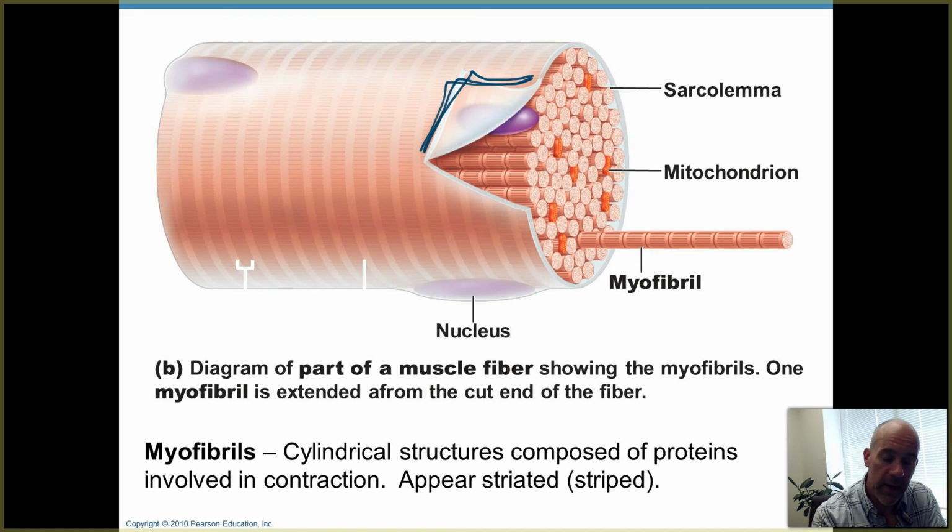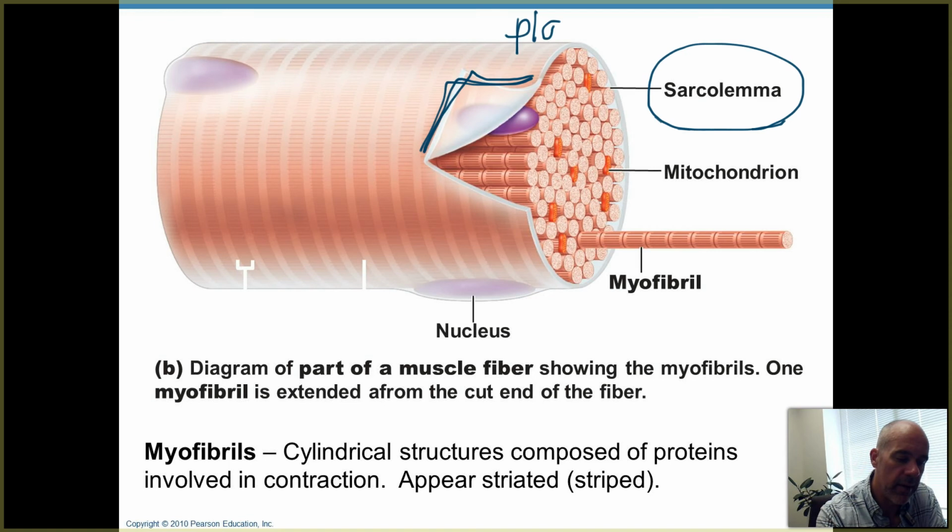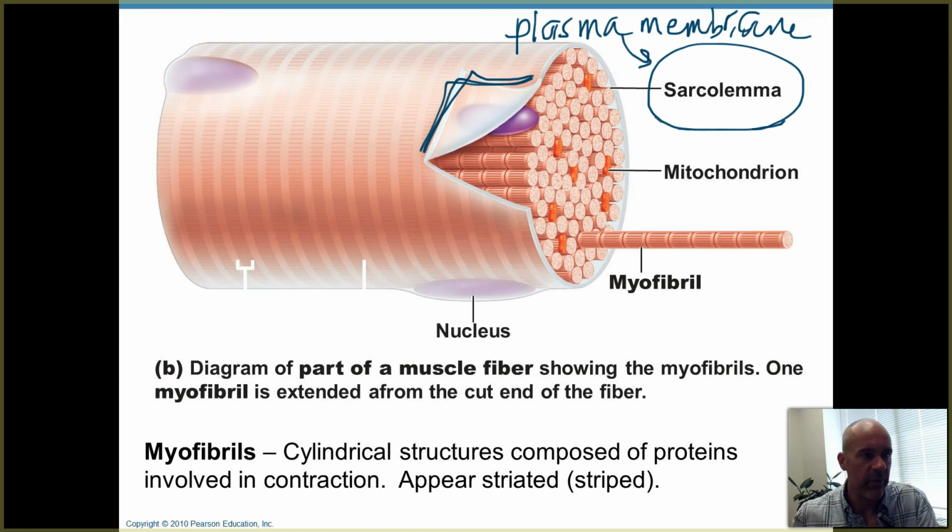The cell membrane or the plasma membrane of a muscle fiber has a special name, sarcolemma. That is the plasma membrane of a skeletal muscle fiber. So get used to hearing that term. Sarcolemma is referring to the plasma membrane of a skeletal muscle fiber.